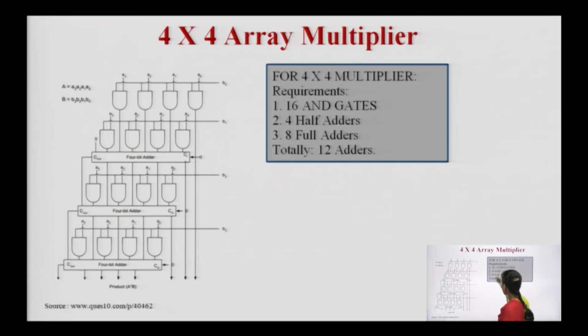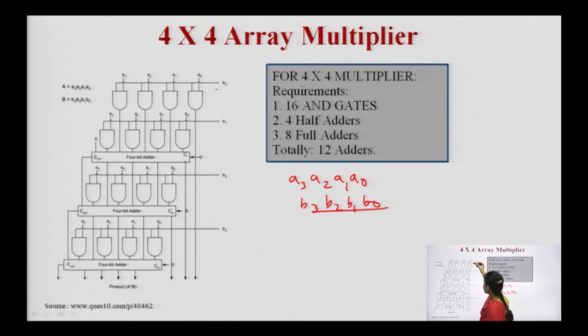If I take 4 by 4, then the number is A3, A2, A1, A0. It is multiplied with B3, B2, B1, B0. The circuit is drawn here. B0 is multiplied with all the A bits. B1 is multiplied with all the A bits. Then these two are added using the first 4-bit adder.